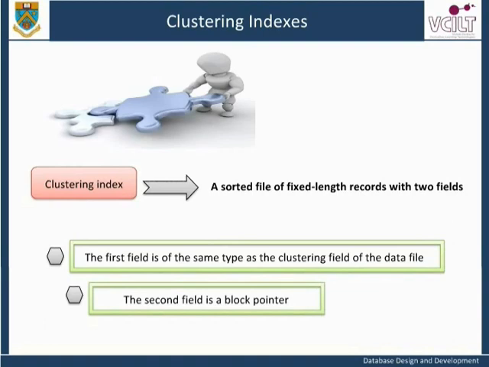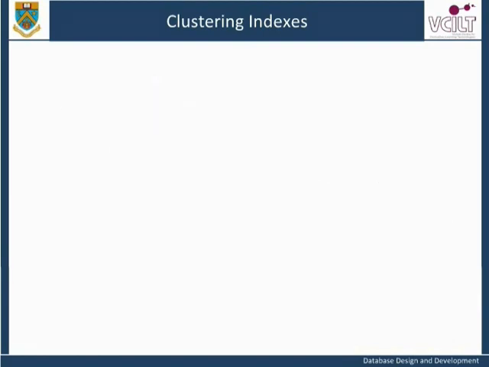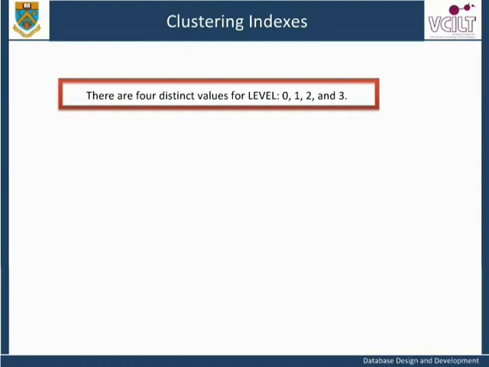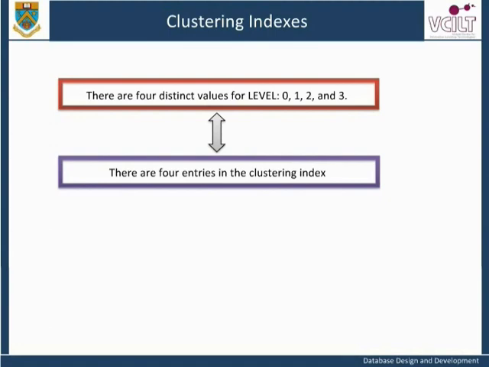Figure 7.3 illustrates an example of the student file sorted by their level rather than ID, with a clustering index. In Figure 7.3, there are 4 distinct values for level: 0, 1, 2, and 3. Thus, there are 4 entries in the clustering index.